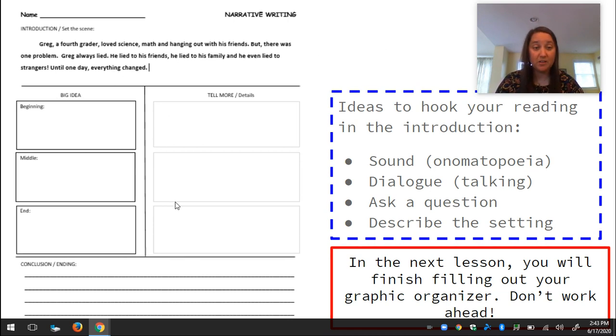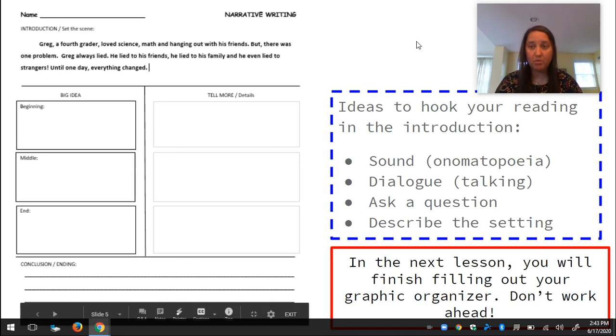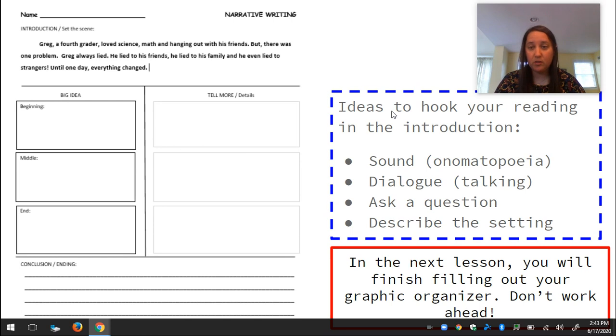Notice that the rest of my graphic organizer is all blank. We are not working on that today. I also included this blue box right below with some ideas to help you. In the red box, I note that in the next lesson, you're going to finish filling out your graphic organizer. But for now, do not work ahead. All I want done today is your introduction.